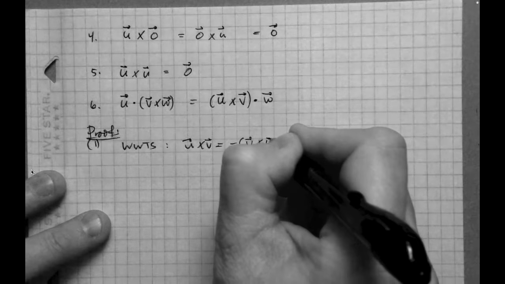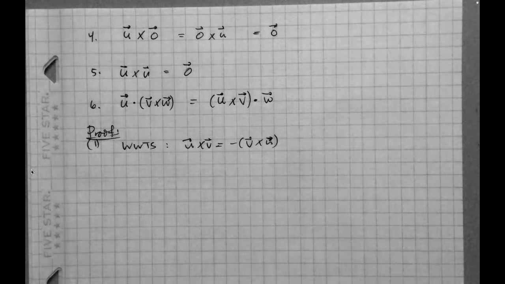So in the first one, we wish to show that u cross v is equal to negative v cross u. Okay, and so this is just a simple matter of expanding the one and recognizing that when you flip the order, it basically flips the signs. Okay, so let u equal u1 i plus u2 j plus u3 k, and we'll let v equal v1 i plus v2 j plus v3 k.